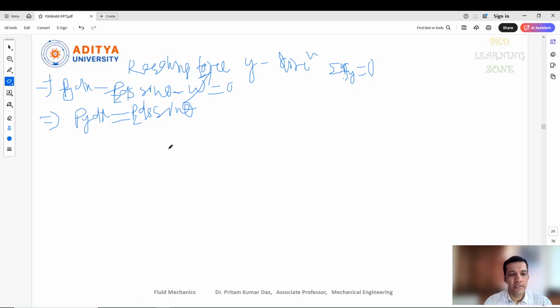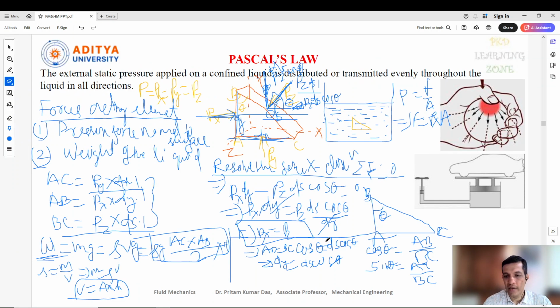Now this ds sin theta, let's go to the triangle. Now this sin theta, what we have written here, AC. So AC equal to BC sin theta. From this right angle triangle, we have already written AC equal to BC sin theta. AC equal to what? AC equal to Dx.